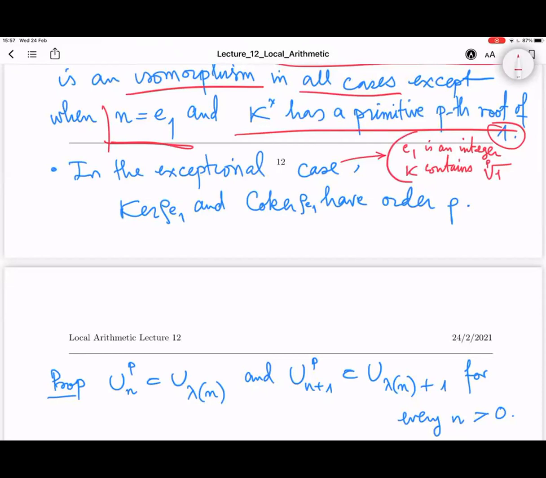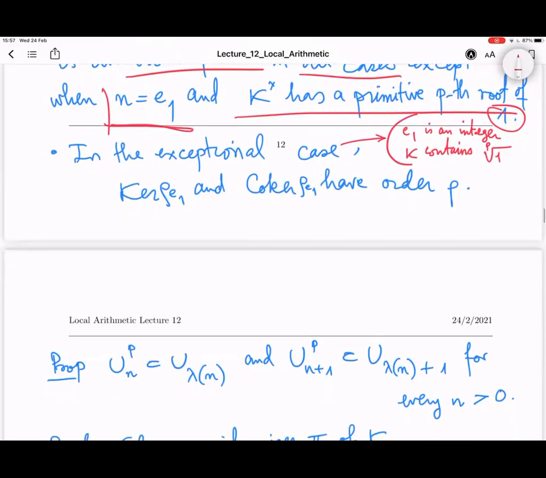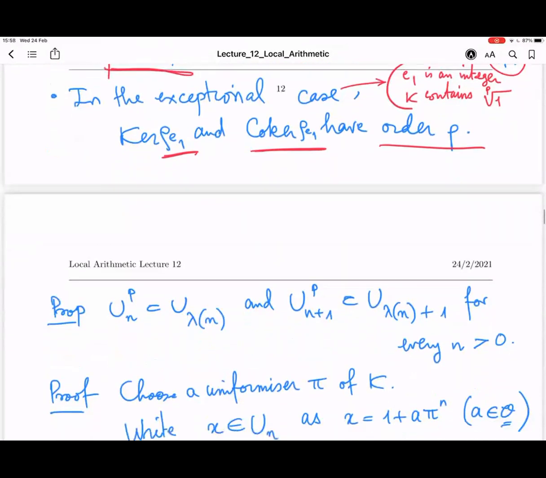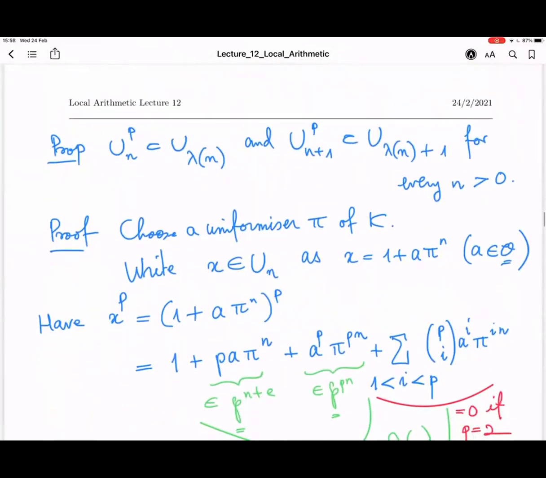Okay. So that was the exceptional case. And in this case, the map rho_{e1} will have a kernel and a co-kernel, which will both be groups of order p. That's what we are going to prove now. Okay, so one of the first things to prove is these two assertions.